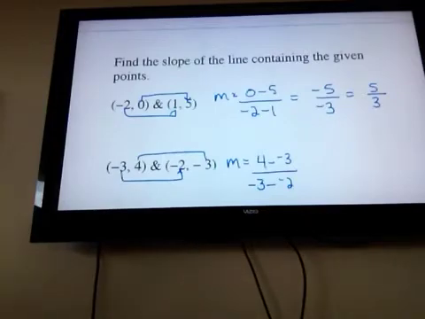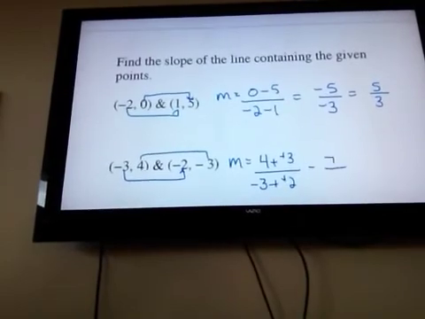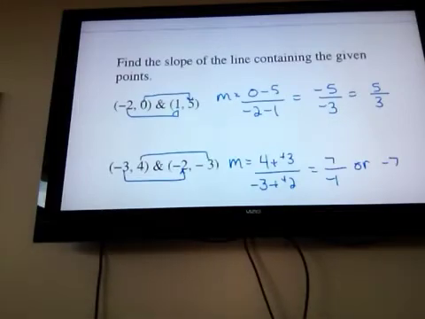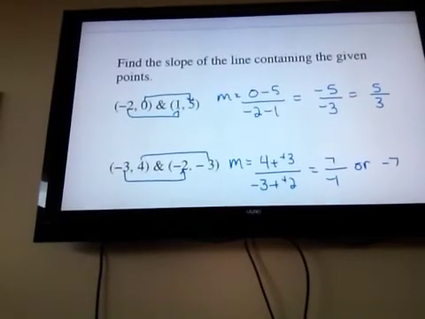My minuses become pluses, and I get 7 over -1 or -7. It doesn't matter if, when you're dividing by -1, you make it an integer and not leave it a fraction. The fraction would be important in our graphing, which we'll talk about in a little bit, but you don't have to write it that way.